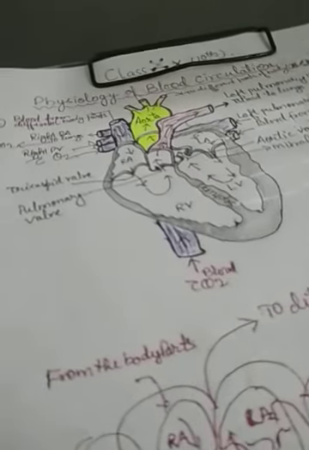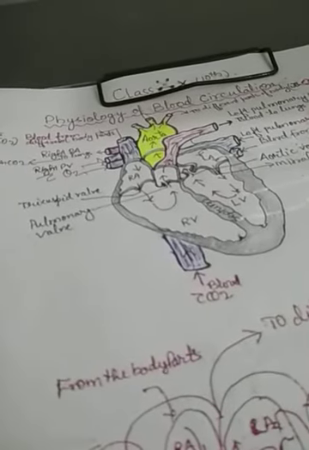So this is the significant point of the mammals, that they perform the double circulation as the blood is carrying carbon dioxide and oxygen. So let's have a recap.